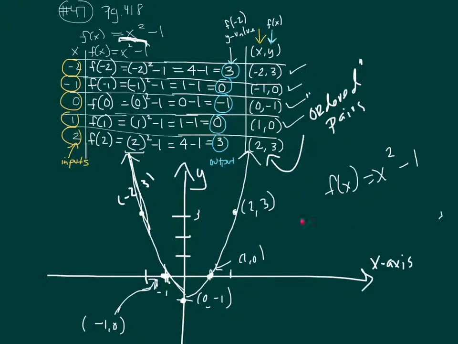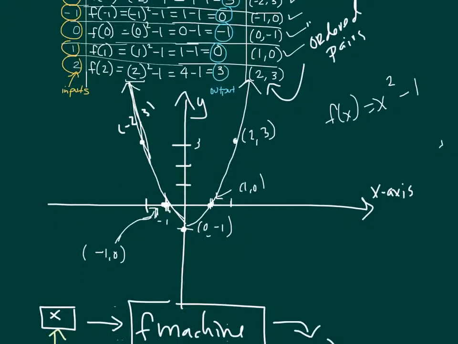And again, this is the Cartesian plane. Or if you're not familiar with it, read page 408. Quadrant 1, 2, 3, 4. Again, x-axis, y-axis. And these are ordered pairs, just another fancy name for plotting points on this Cartesian plane. Okay, so that is my example.